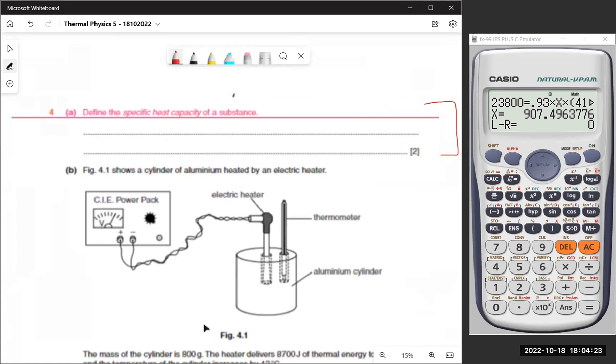It's the heat defined by the amount of heat. Read the definition in your notebook. Sir, I haven't written the definition of this.